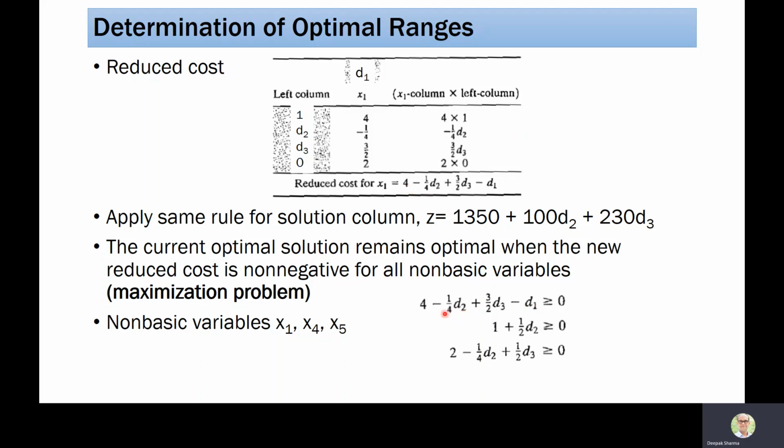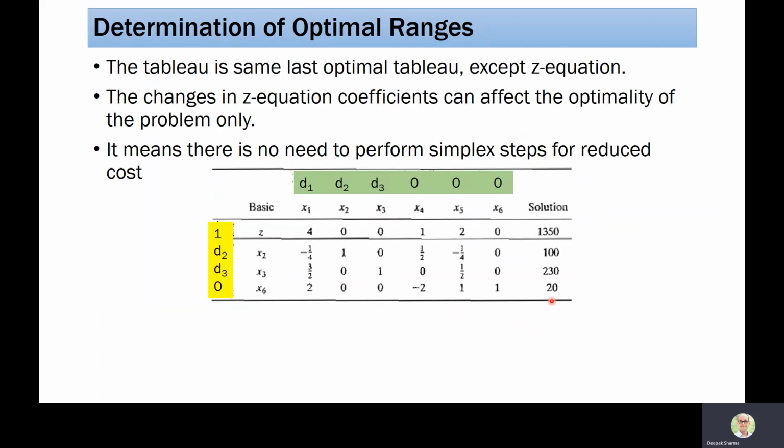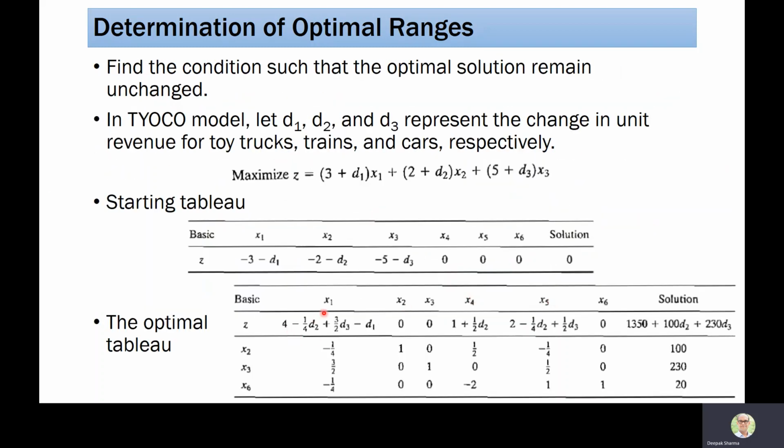So can you see the form? 4 minus 1 by 4 D2 plus 3 by 2 D3 minus D1 greater than or equal to 0. This reduced cost should be greater than or equal to 0, so this non-basic variable will remain non-basic for the given problem. Let me go back. You remember the coefficient of X1 under Z?